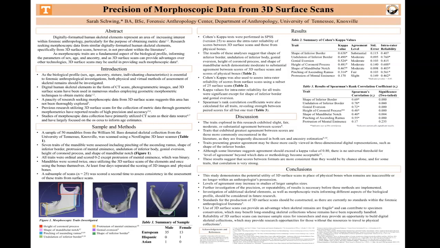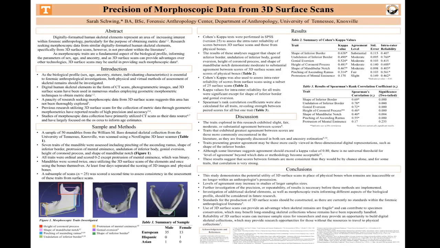Is there a large difference between the scans that are produced by Next Engine 3D surface scanners and by other, more high-end surface scanners, or are they creating very similar images, and thus we are observing morphoscopic traits in really similar ways between the scans generated from these different scanners?